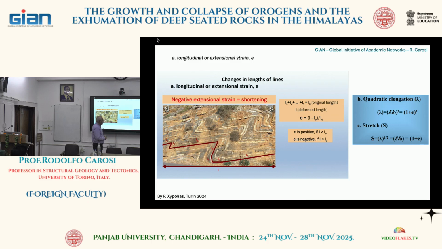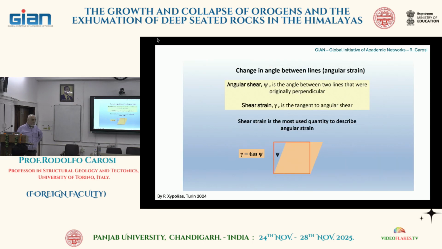There are other ways to represent linear deformation. Lambda is 1 plus e elevated to this exponent, and also the stretching is 1 plus e, just different ways to represent elongation of lines.